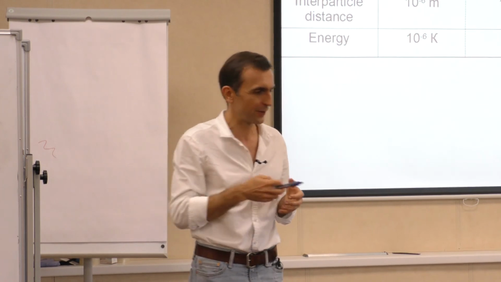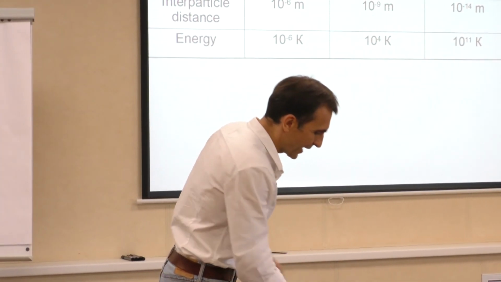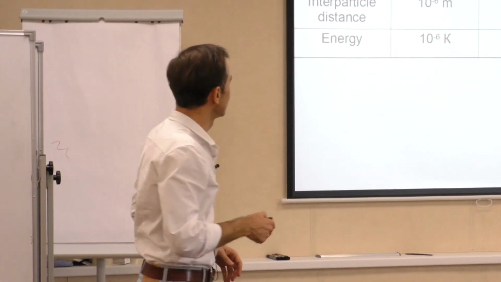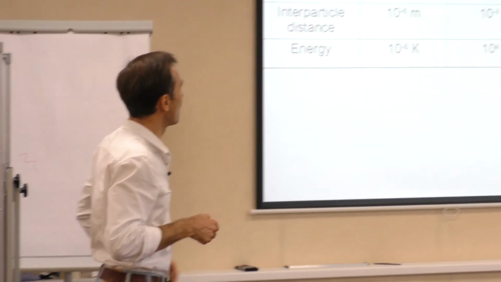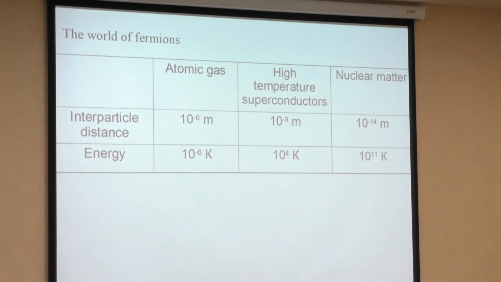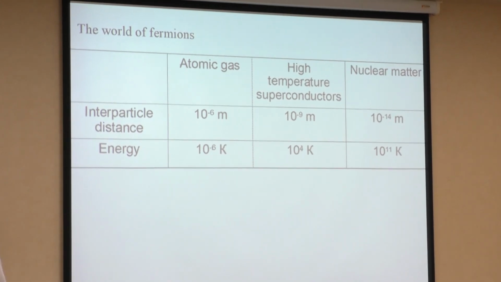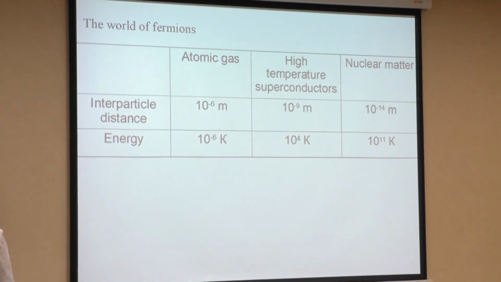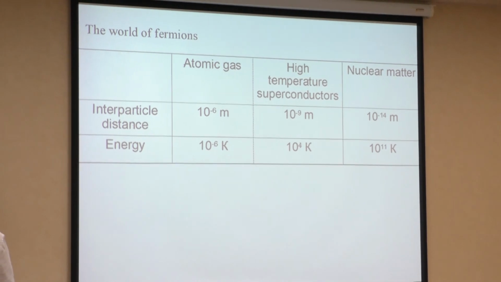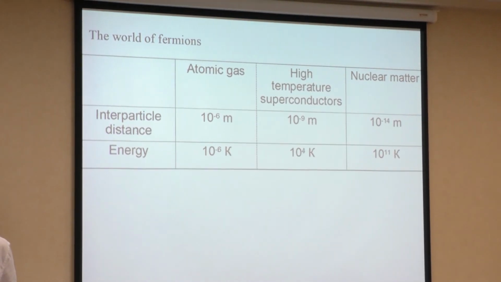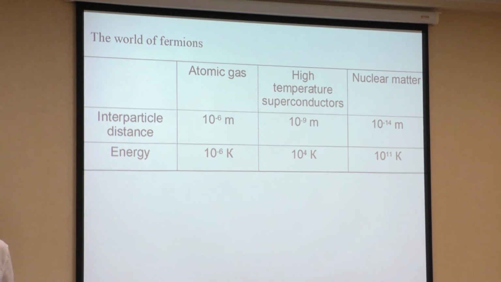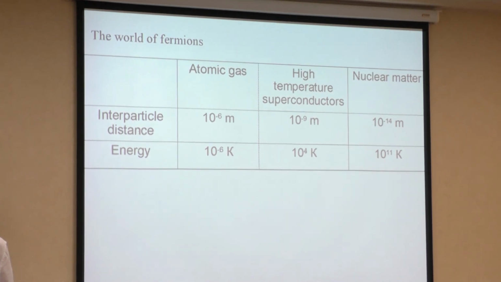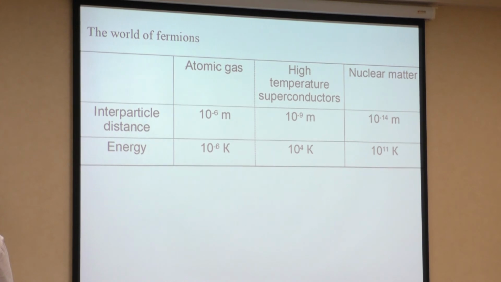They bear clear similarity, despite the fact that energies and densities are very different. They are many orders of magnitude different. With high temperature superconductivity, there is also some similarity, but not as deep. The interactions in high temperature superconductors, there are lots of experts here, are dominantly D-wave instead of S-wave as with ultracold atoms, but it is also a fermionic system.